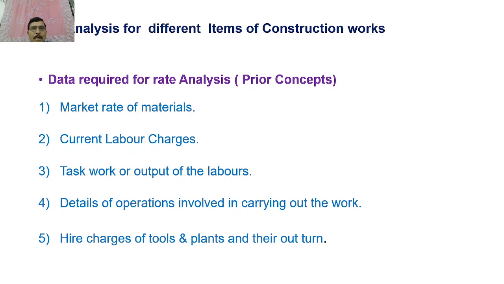Labor constants for different items of work are published in the national code of every country, and these labor constants are utilized to find out the number of laborers required for different items of work.